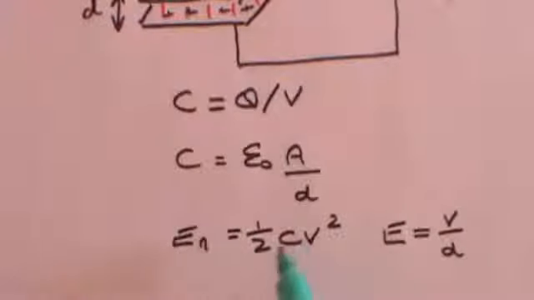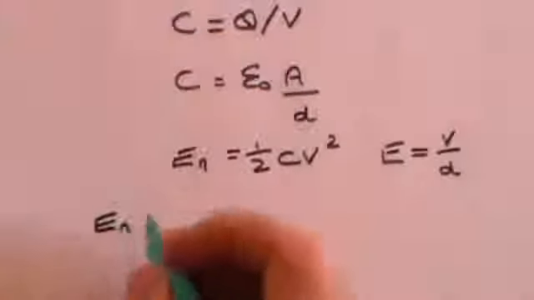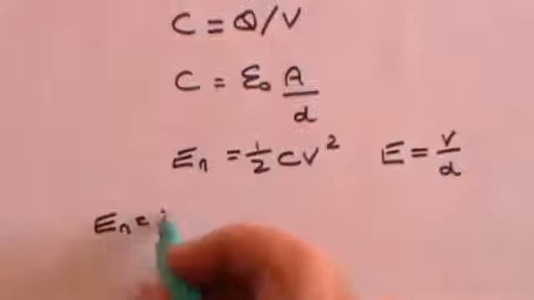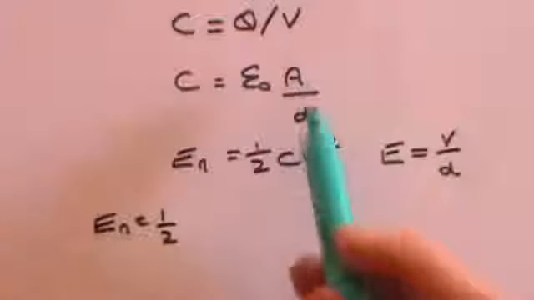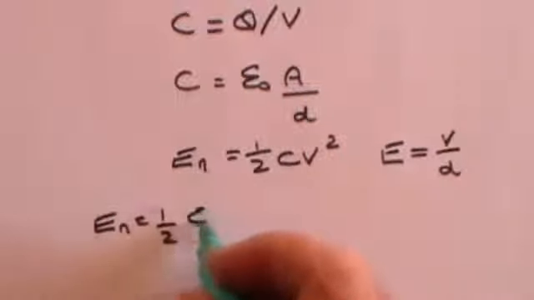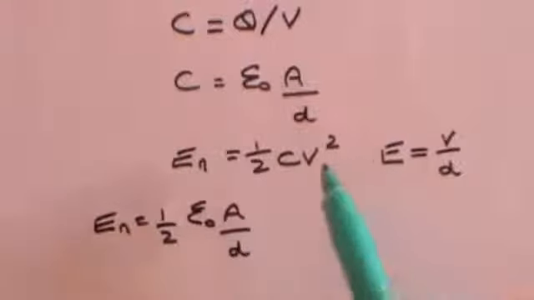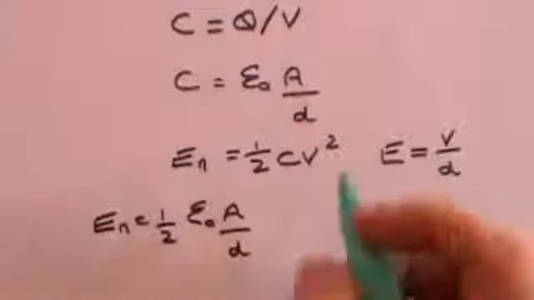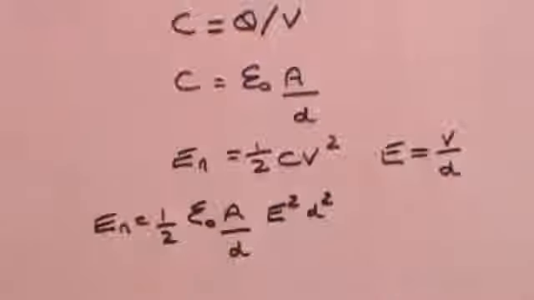So let's take this formula and apply what we already know. The energy stored in a capacitor is 1/2 times C, which is epsilon naught A over d, times V squared. Well, V is E times d, so that will be E squared d squared.